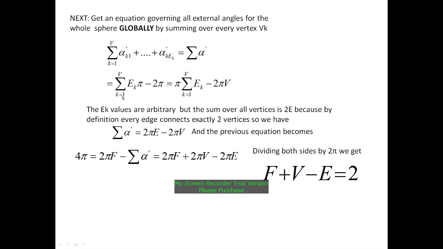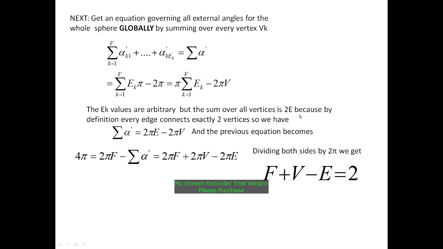If we sum from k equals 1 to v, we get pi times the summation of all the ek's minus 2 pi v. The interesting thing about the summation of all the ek's is that, although they're all arbitrary, the sum over all vertices is just 2 times e, the number of edges in the system, because each edge connects 2 vertices, so each edge gets counted twice.